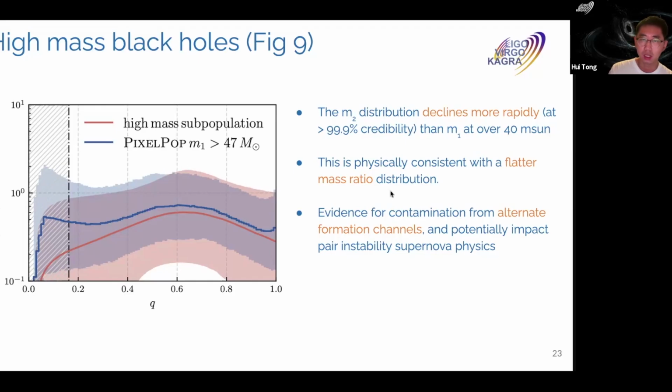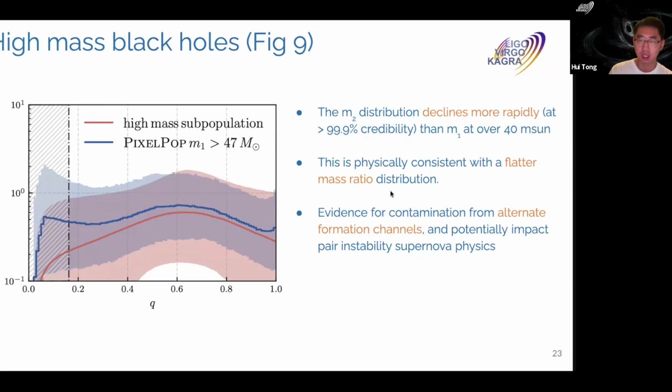So the results from different approaches are quite consistent with each other, and as I mentioned, they both show a relatively flat mass ratio distribution with a peak around 0.5. Moreover, the strongly parameterized model actually allows the onset of this high mass subpopulation as a free parameter.